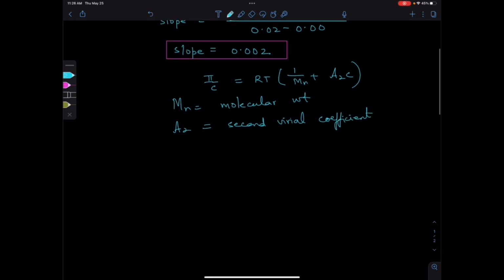So the plot is pi by c versus c. So the slope will be equal to RT A2 and the y-intercept is RT over Mn.